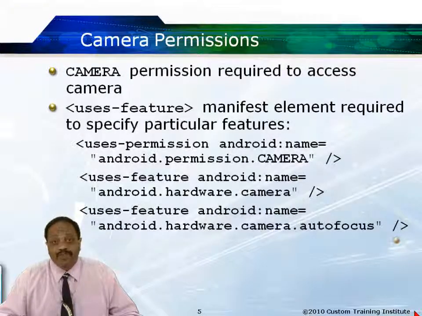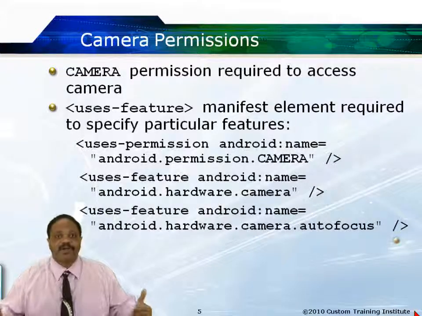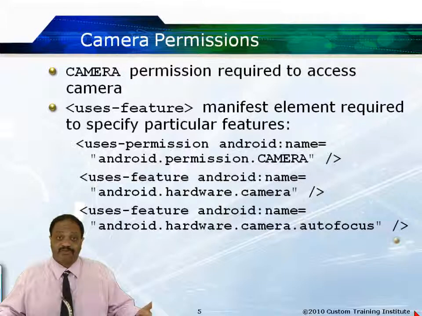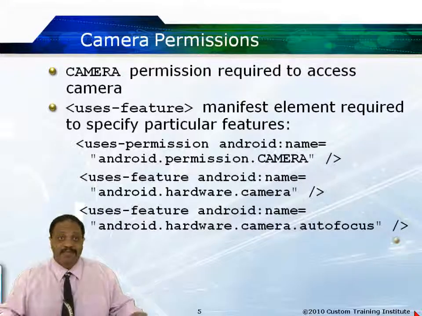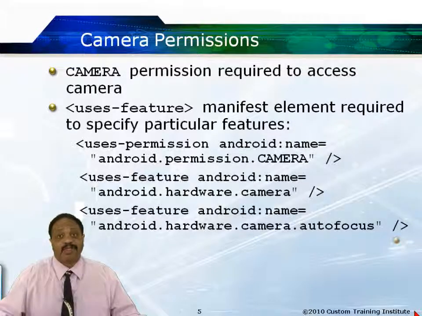So if the camera doesn't have autofocus, then you don't bother putting the uses-feature in. But if you do have autofocus and you want to be able to programmatically gain access to that autofocus feature, then you need to mention that autofocus feature in the uses-feature manifest element, otherwise you won't be able to get to it.